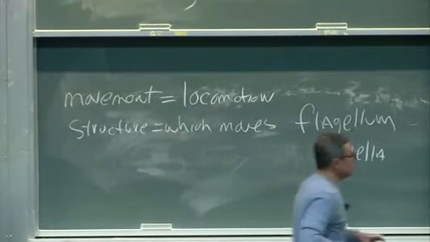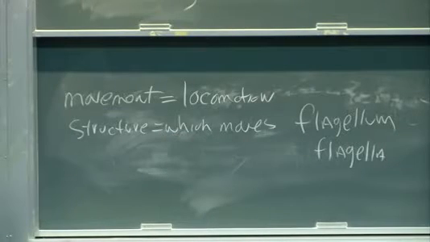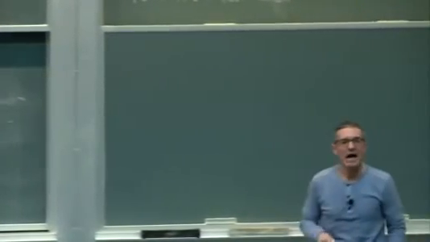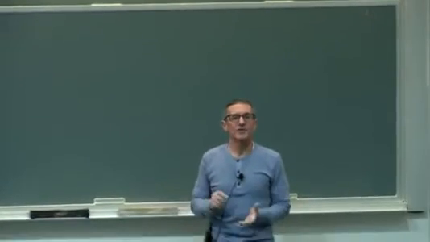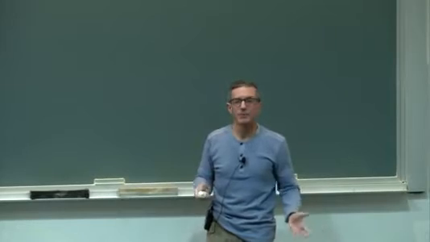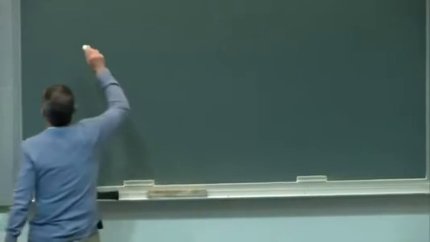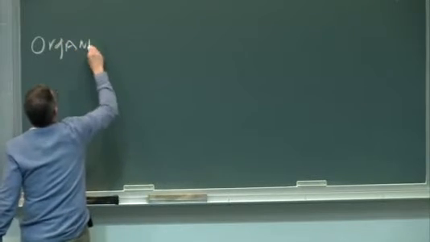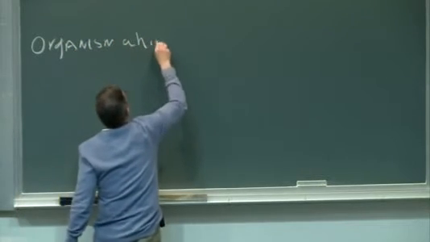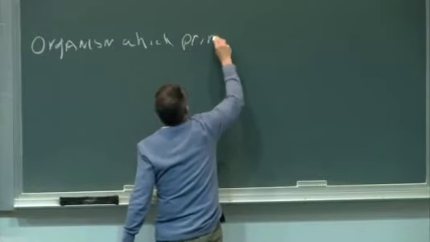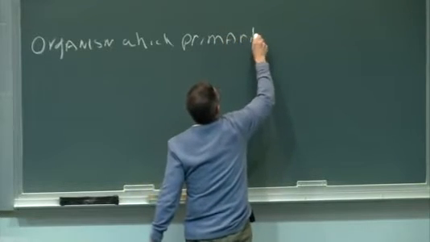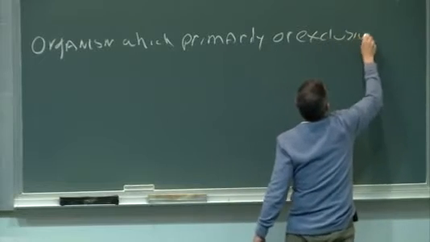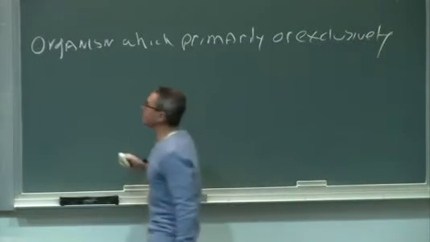But for our discussion today, and to make things a little easier to handle with this 130,000 species, I want to make another way of dividing the algae into two separate groups. The first group that we're going to divide them into is organisms which are primarily or exclusively single cells.